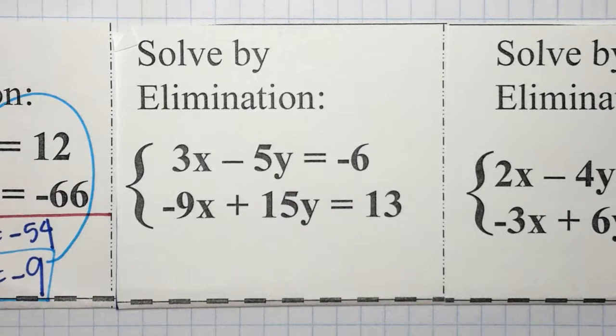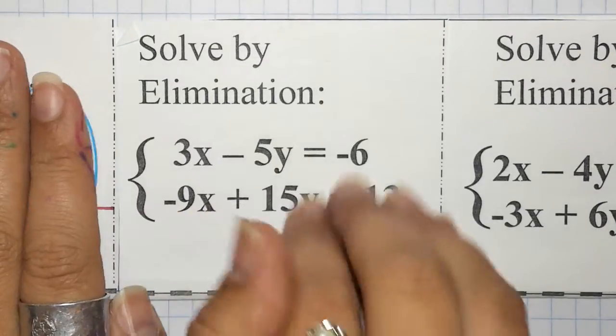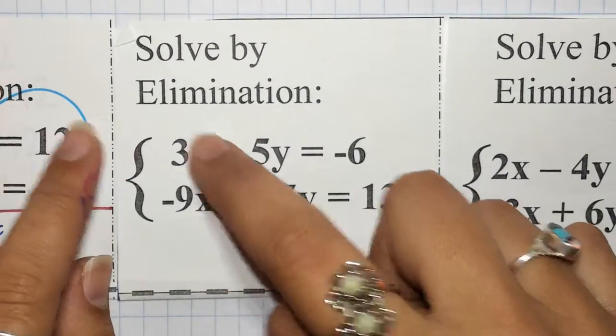Alright, now let's look back at our foldable. We eliminate when we have the same coefficient. But what happens if we don't have the same coefficient? You need to make them equal, right? So how do we make an equation equal? Multiply. Now, in this problem, are the x's the same?